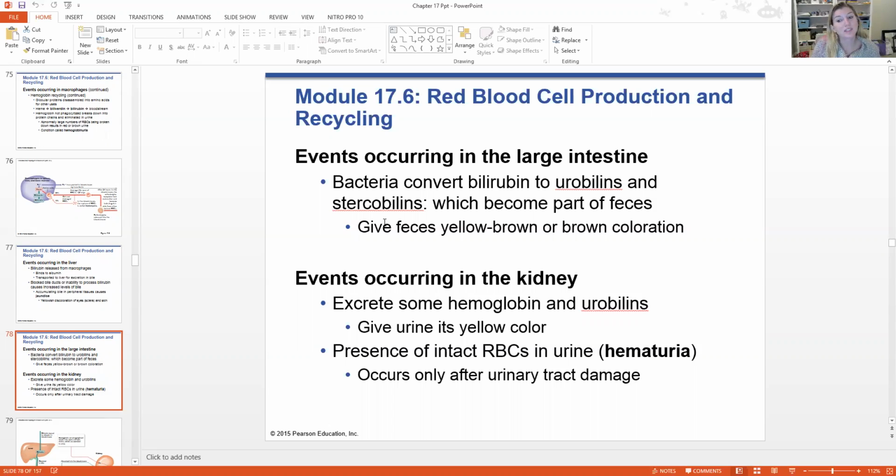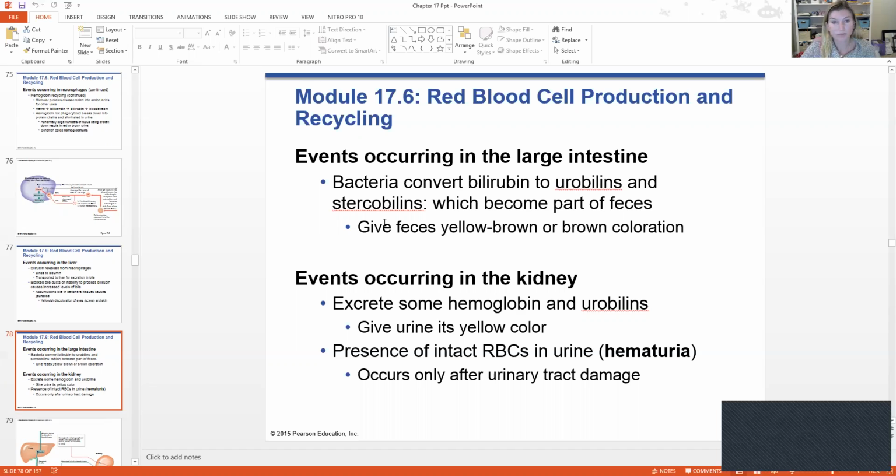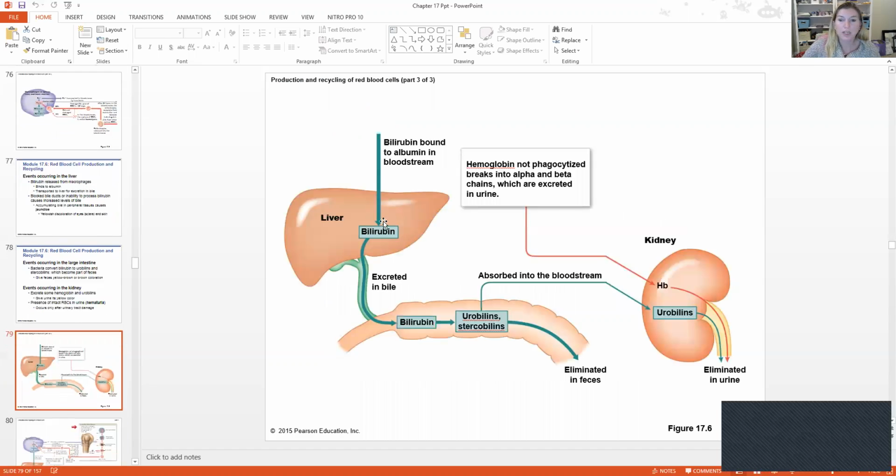So the presence of intact red blood cells in our urine is usually after some type of damage in our urinary system, and that can be used as a diagnostic. We're going to have a chance to do a urinalysis later on in the semester, and you'll get to see if you have blood in your urine. Hopefully you don't.